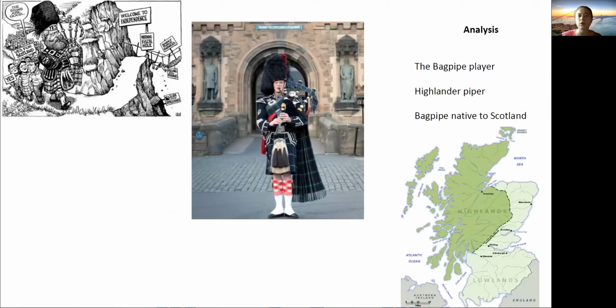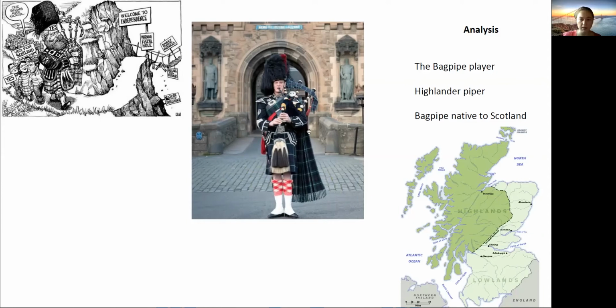As you can see, there are links and parallels between the way the central character here is represented and the real Highlander piper. So the Highlands, as you already know, are the northern part of the British Isles, the nickname for Scotland, so the Scotland Highlands. So the Highlander here wears a feather bonnet, usually made of ostrich, which was worn by the Scottish infantry soldiers until the outbreak of World War One.